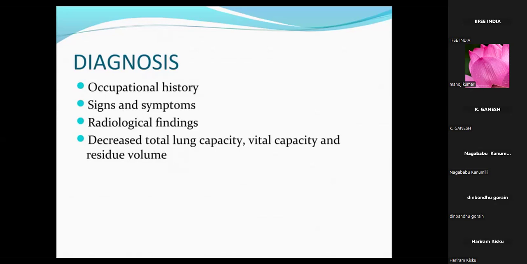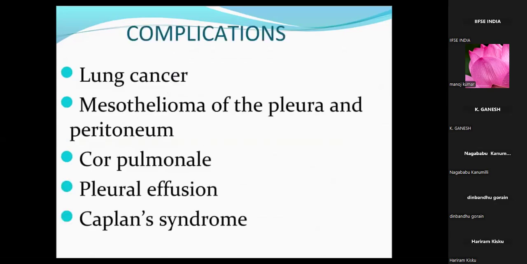Decreased total lung capacity, vital capacity, and reduced volume. So apart from the radiological X-ray and pathological findings, if the lung capacity for taking in air decreases, that means the residual volume within his lungs to take up air also decreases. By that, you can at least guess that this person may be having asbestosis.